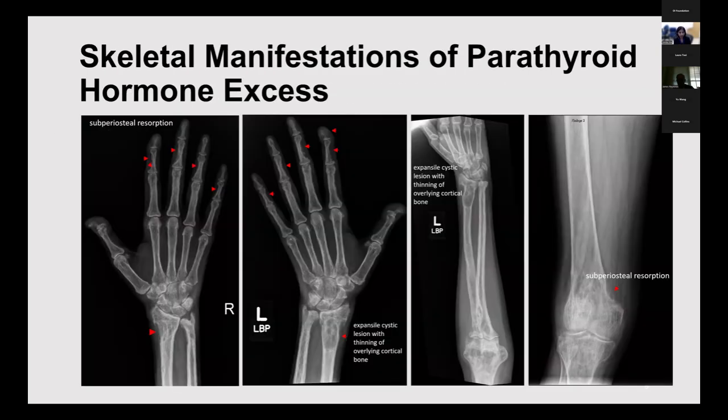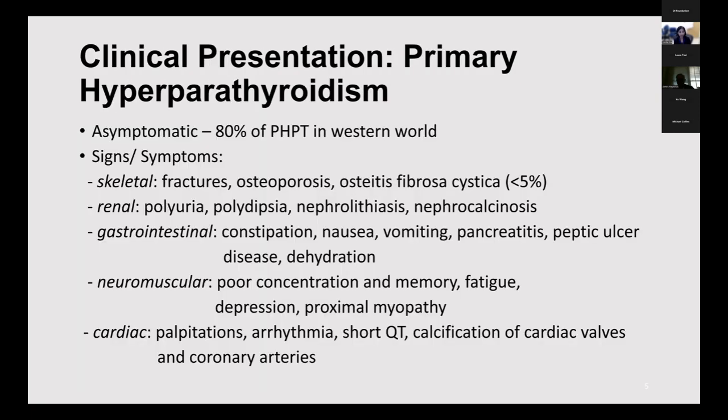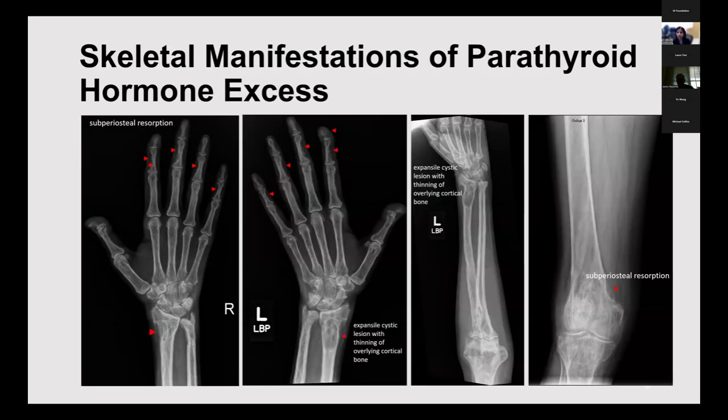So, what are some of these skeletal manifestations in patients with parathyroid hormone excess? I'm presenting to you this patient in her 20s that we saw. This is actually a patient with pseudohypoparathyroidism, and I will clarify that in a little bit.